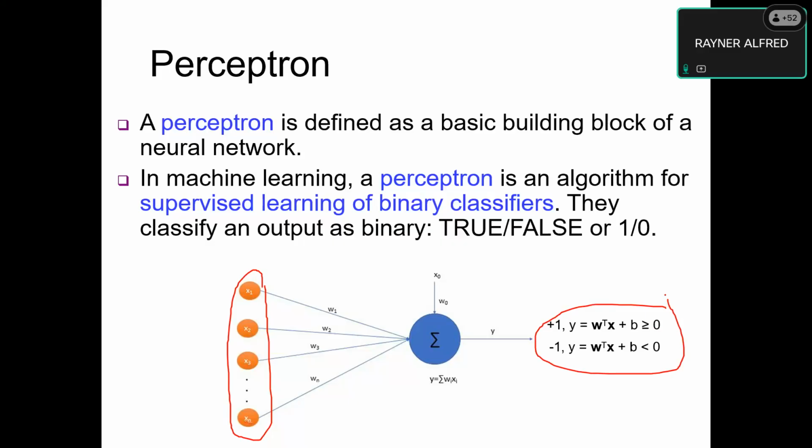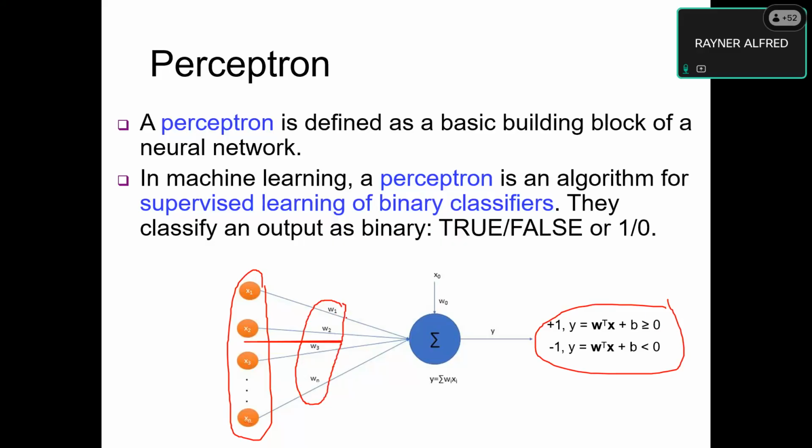The task is to determine whether, given the input, we have a positive or negative sample. This is the weight that we are estimating during the training session.